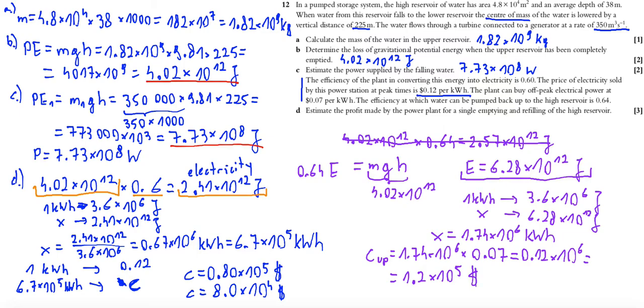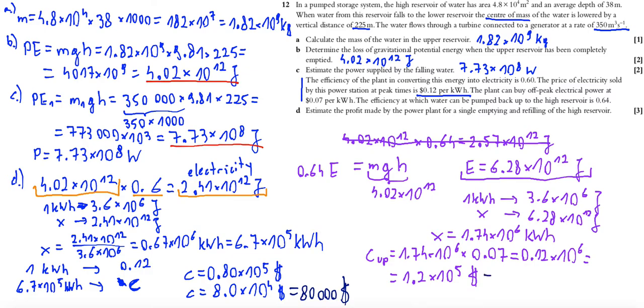So let's look. If system is emptied, yes, then the cost is $80,000. Okay, this is cost of electricity which is sold by the operator of this system.